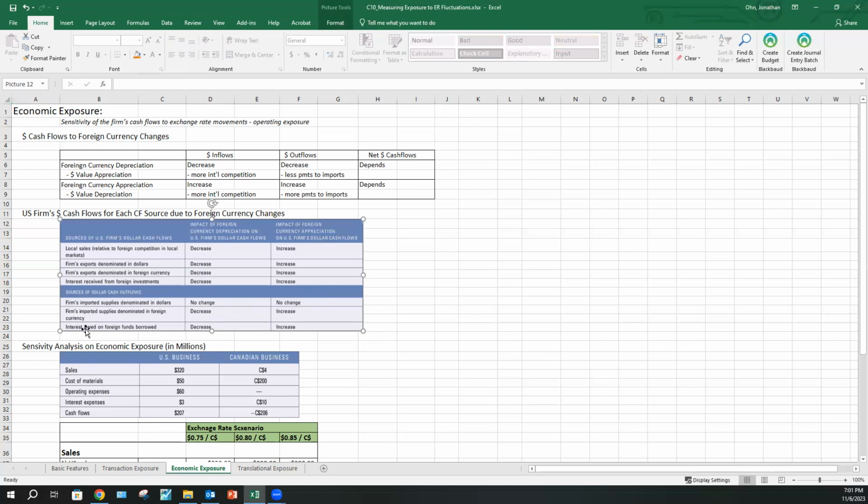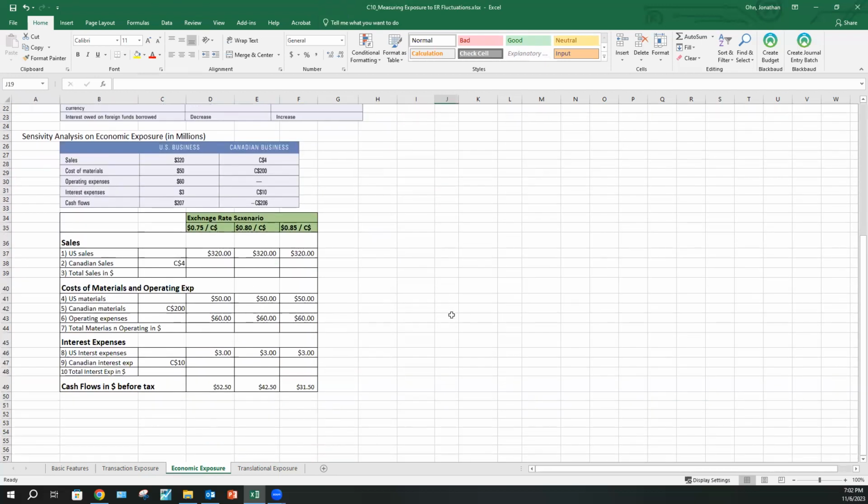Interest owed on foreign borrowing also decreases. And the opposite applies when there is foreign currency appreciation. So this is a theoretical sensitivity scenario analysis for two different cases and for different sources of US companies' dollar cash flows.